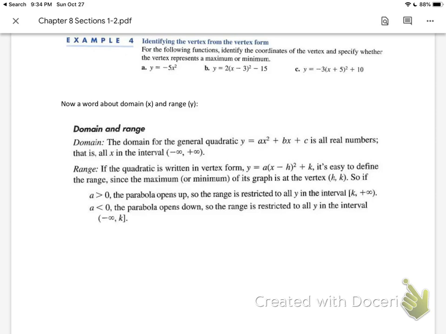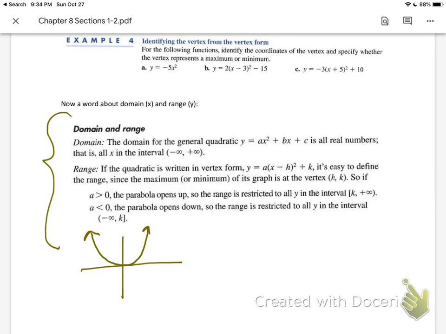Okay, so on the last page of this 8.2 section, they talk about domain and range. If you have a parabola that looks like this, the domain and range are going to be the following.